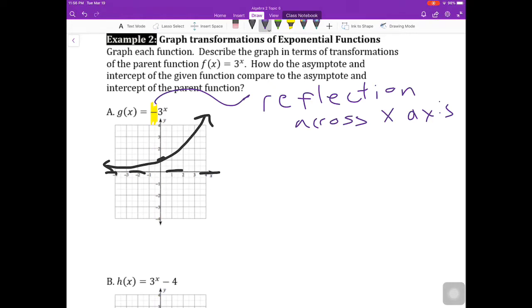There's no shifts, there's no anything like that. So instead of your y-intercept being 1, your a in this case equals -1. So your y-intercept is down here at -1, and then it just goes down like that. So they're exactly reflected. And then your asymptote is still right there at 0.